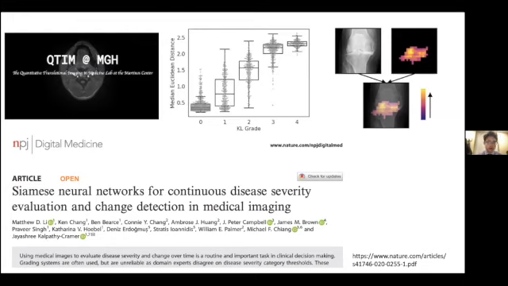And so in this paper that you can see here, published in March of 2020, right before the pandemic really started to ramp up, we had published some work using Siamese neural networks in order to automate extraction of a continuous measure of disease severity. In the upper right-hand part of the screen, you can see how this measure of disease severity correlated with a manual measure of knee degenerative change in knee osteoarthritis on radiographs.